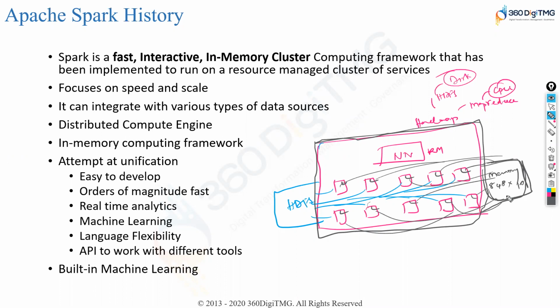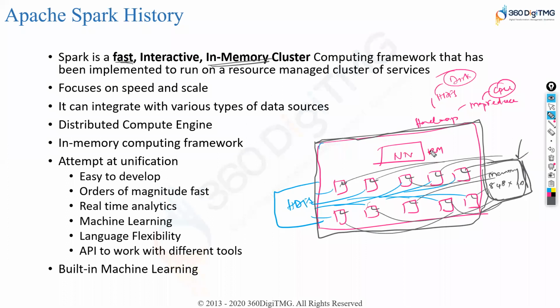This is exactly what Spark does. So Spark is relying on memory. Hence, we call it a fast, interactive, in-memory cluster computing framework. It is computing, but it is cluster computing.